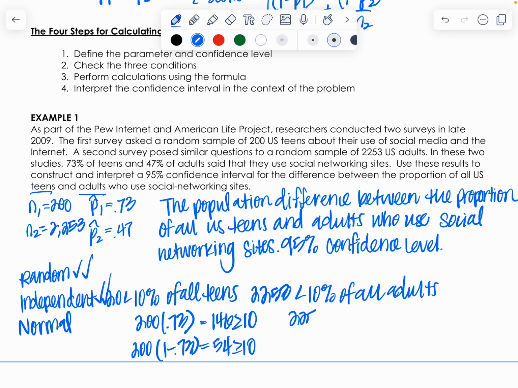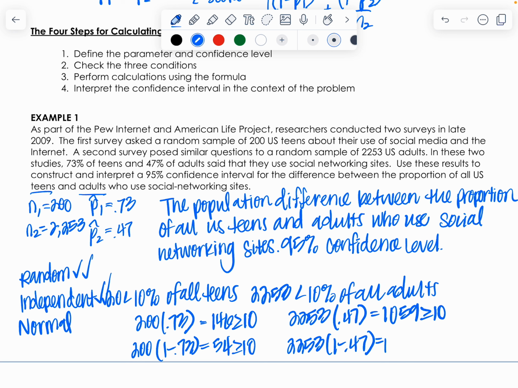So 2253 times 0.47 and 2253 times 1 minus 0.47. This guy is, we're going to just bump this up to 1059, greater than or equal to 10 for sure.